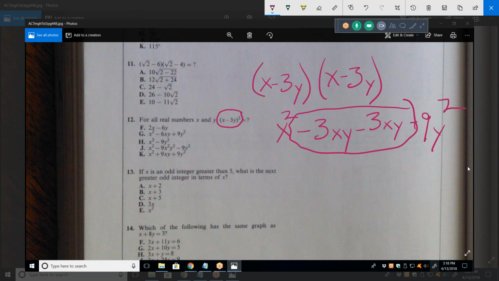So -6xy? Uh-huh. So the answer is G. Oh, okay. In other words, when I combine those, I got -3 minus another 3. That's -6. They're both apples, which in this case is an xy. That is an apple. Okay.